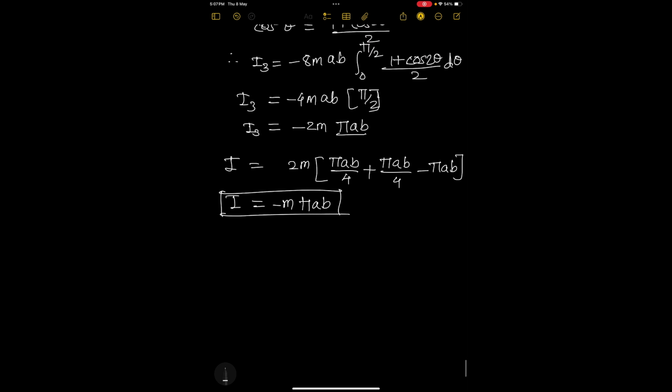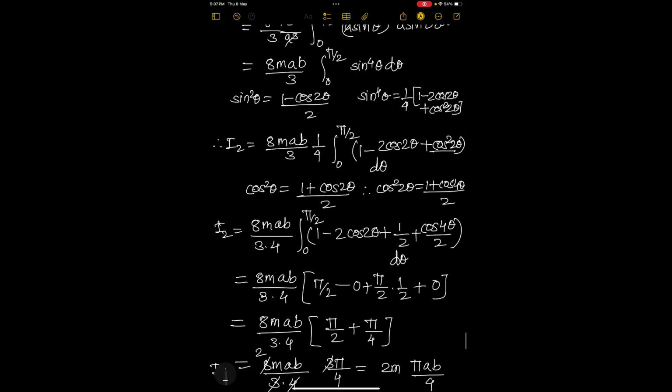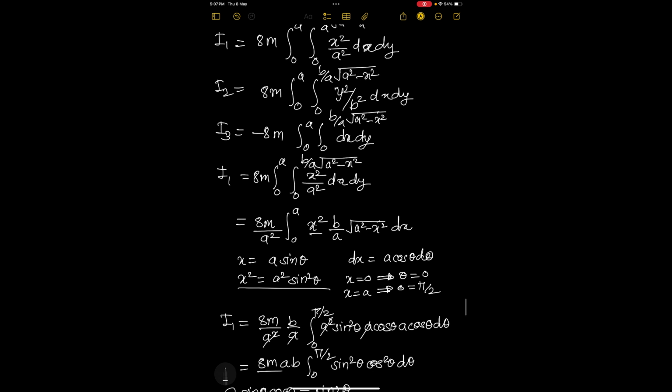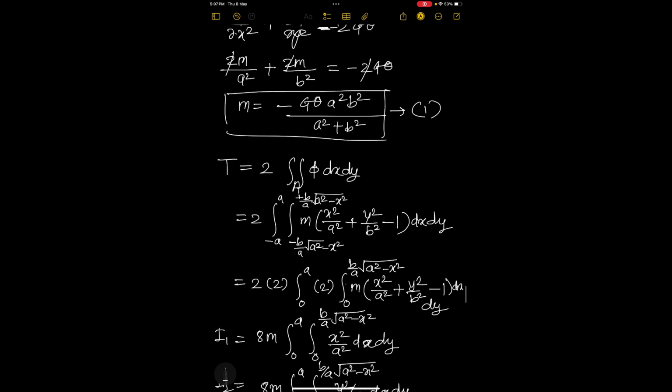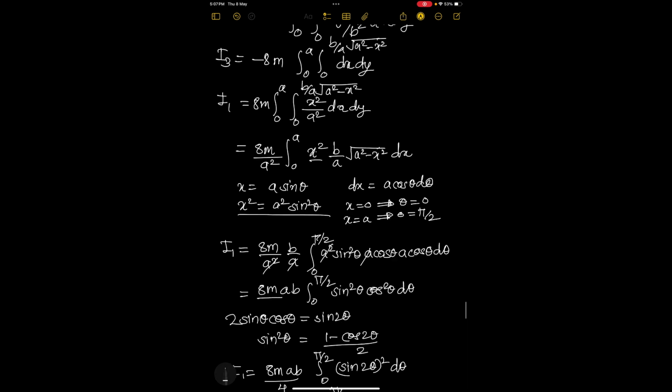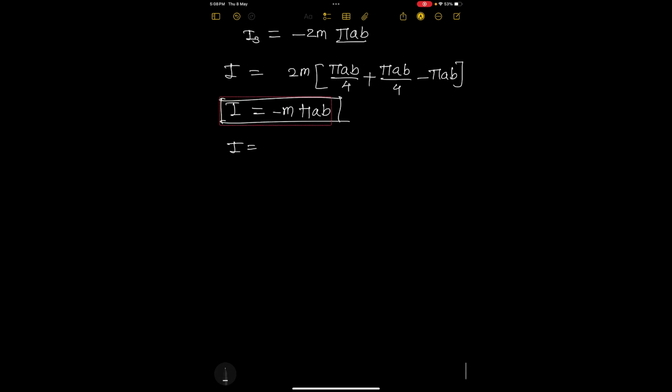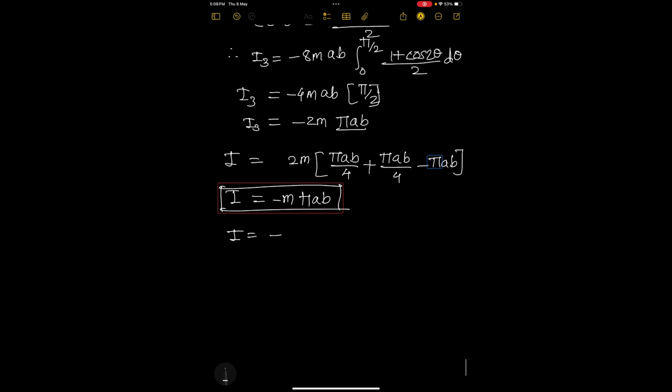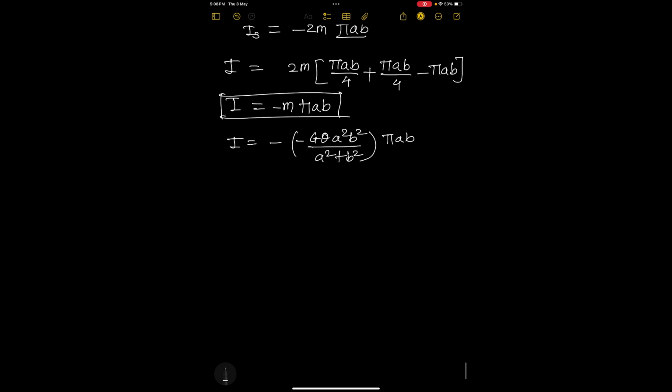We already know the value of m. So I is equal to g theta a squared b squared minus g theta a squared b squared divided by a squared plus b squared, into pi ab.